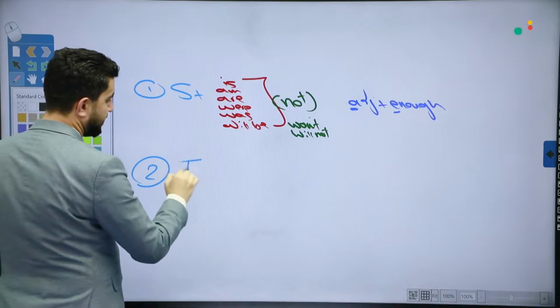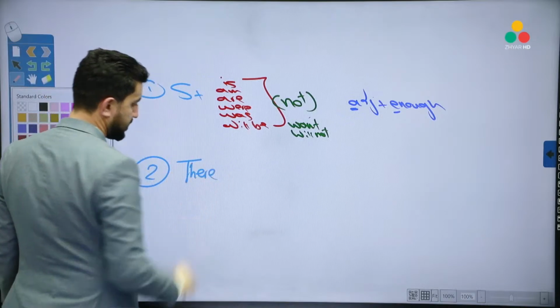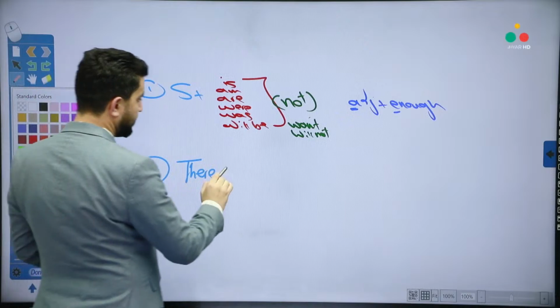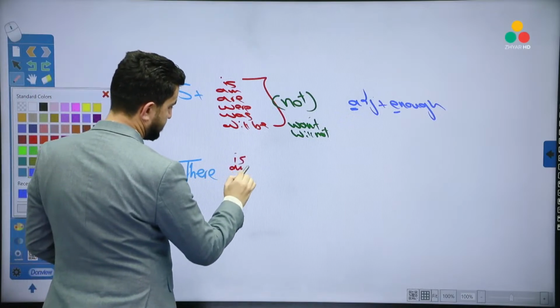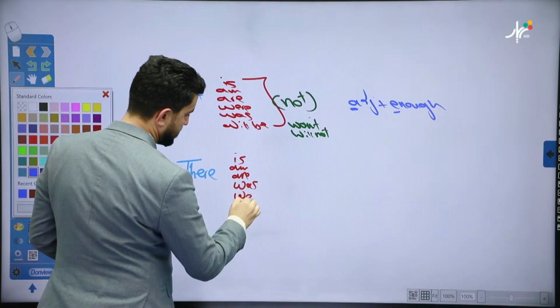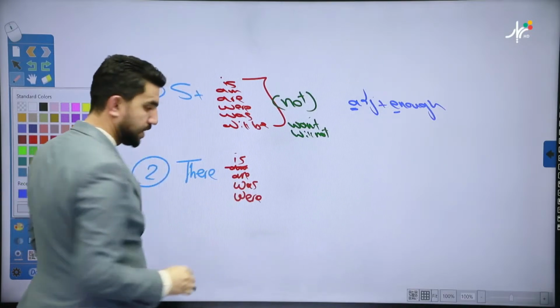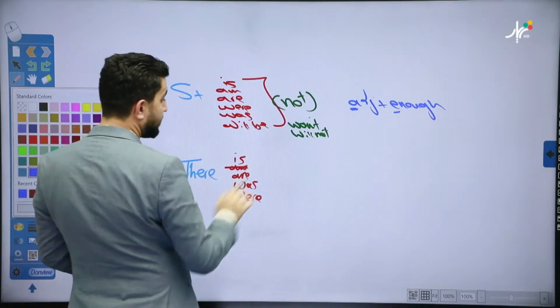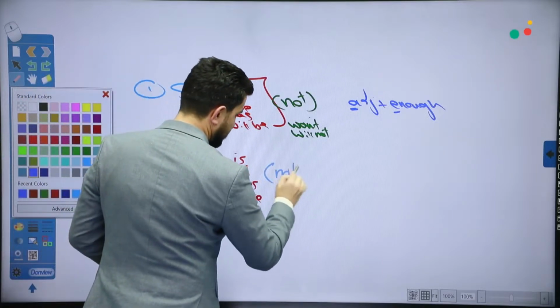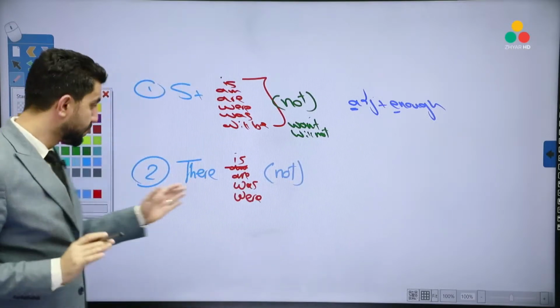We said if we have there. Okay? There. So since we have there, here is, are, was, were. But we don't have there, do we? No, we don't have it. So when we have these, again, we need not. Don't forget, we need not.